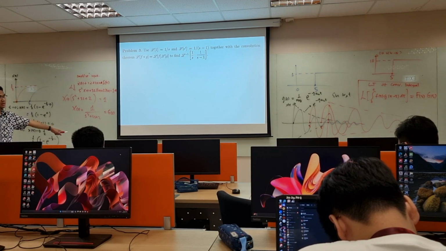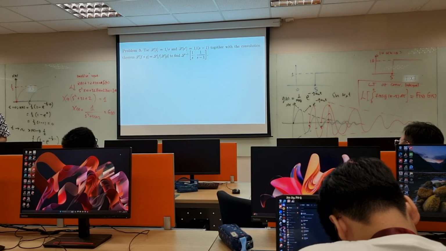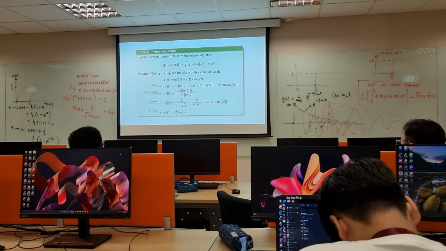As I said earlier, we can find the answer by using partial fraction. Partial fraction is sufficient to solve this. How do we use the partial fraction here? Anyone know?